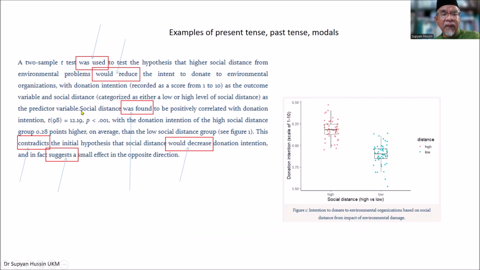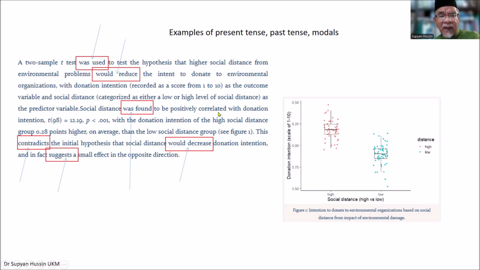Full stop. Now, social distance was found. So this is past tense, found, was found by somebody, but you don't mention the researcher. You say social distance was found. Now, where do you find the present tense? You find it here. This contradicts. Now, this contradicts actually reflect the whole discussion.